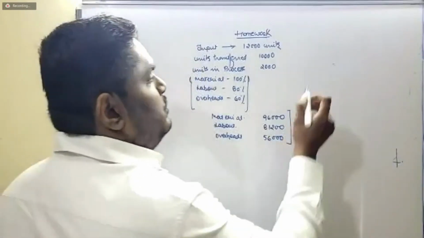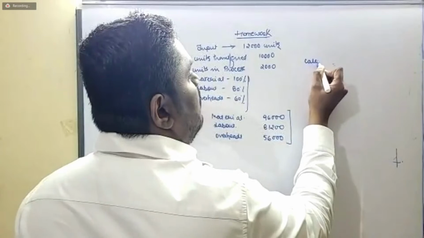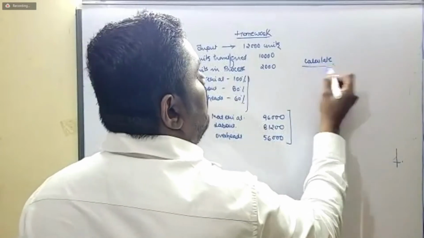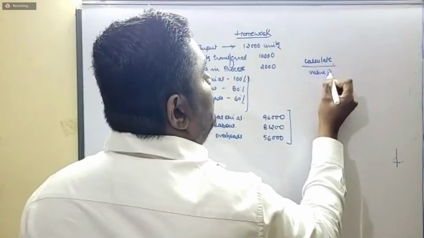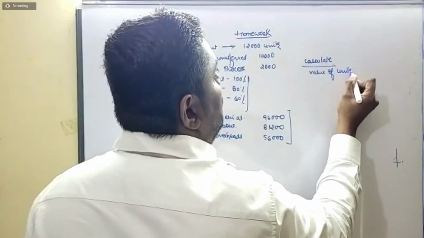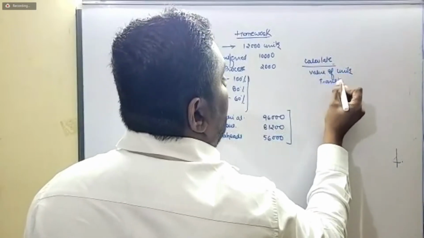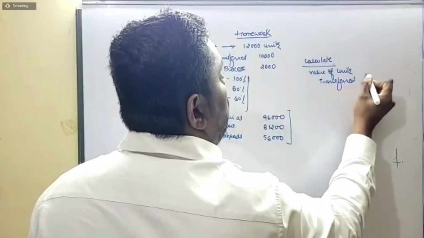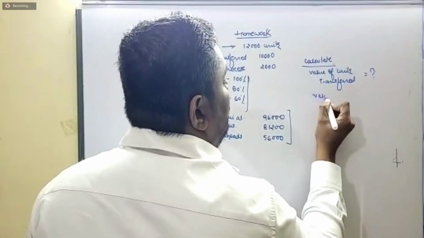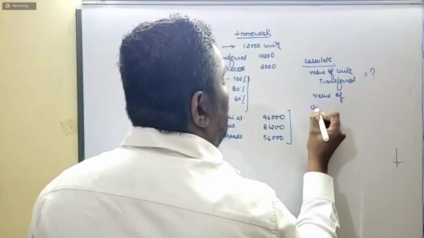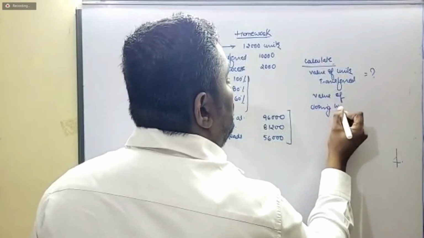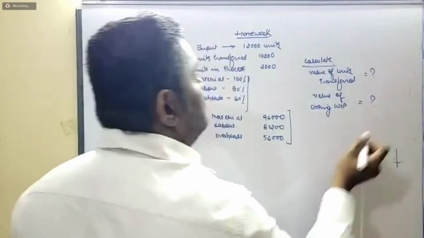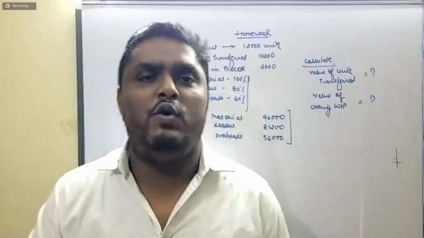So this is what you have to calculate: the value of units transferred and value of closing work in progress. So this is the homework for you guys.